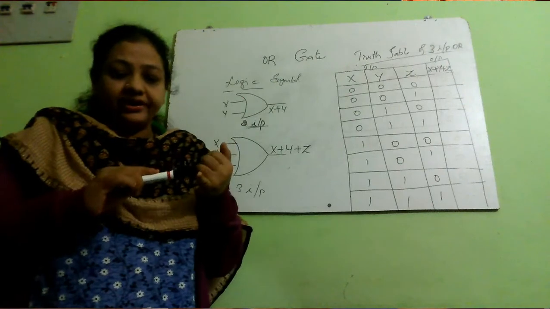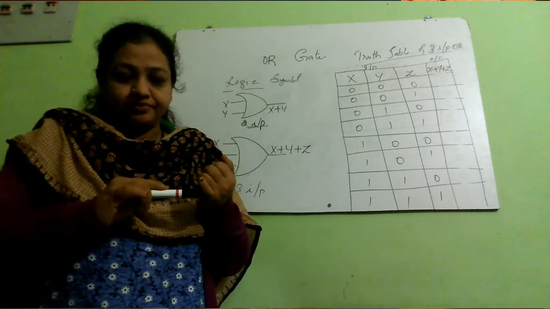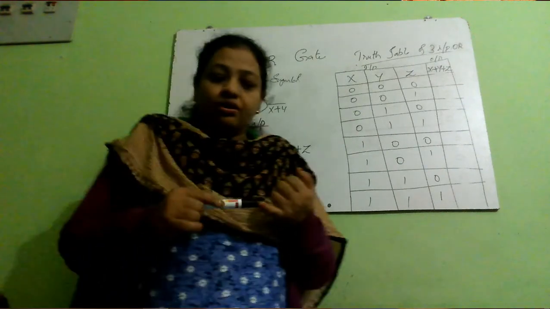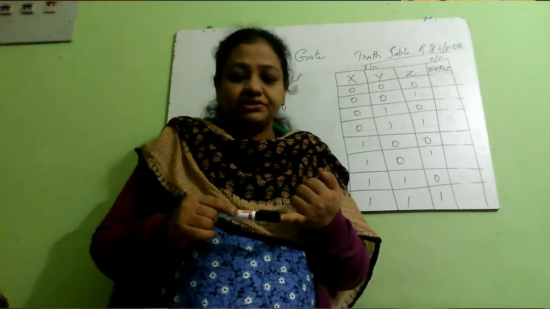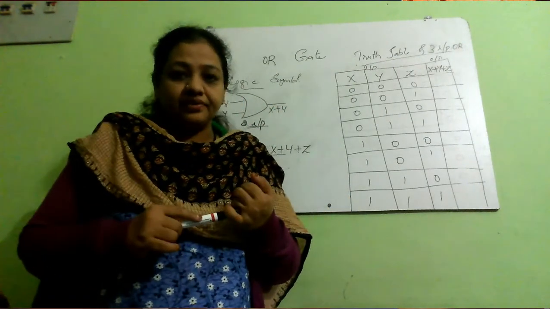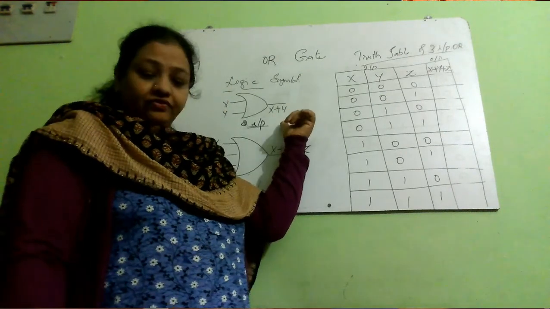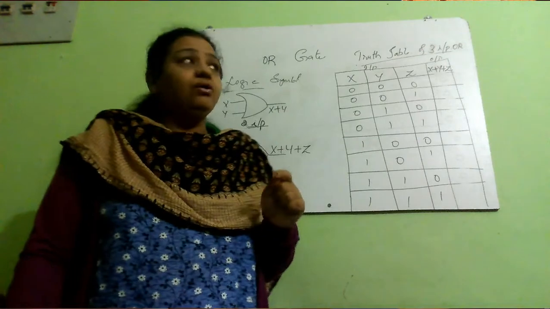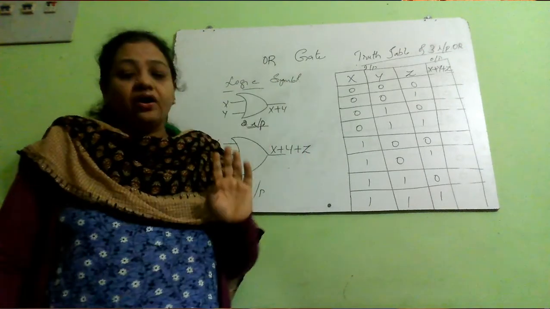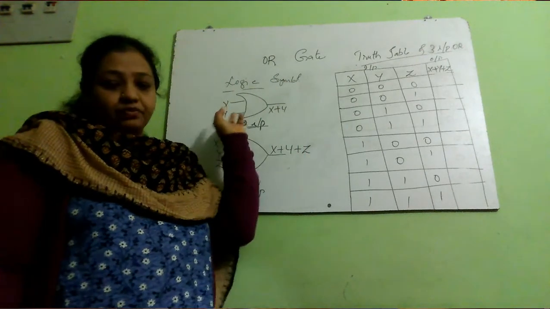Here there is one input as 0, so the output is 0. Again here there is 1, 0, that is 0. Here all the 3 inputs are 1, therefore the output is 1. So this is how we write the truth table for a 3 input AND gate.